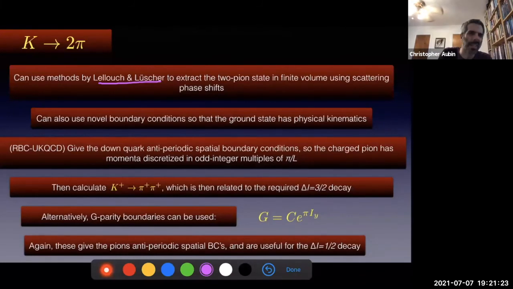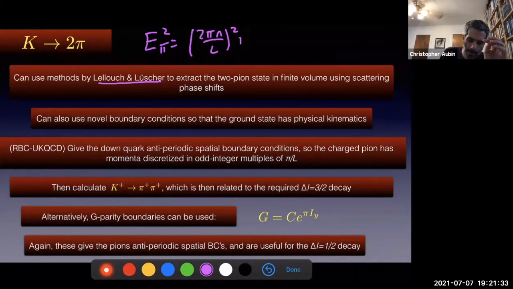a single pion, let's just think about a single pion, has to have energies that are quantized in momenta. I'm just going to write this in one dimension for simplicity. Here n is an integer, 1, 2, 3, 4, 5. Technically 0, but if I need my pion to have a finite momentum, then the smallest value of n is 1.